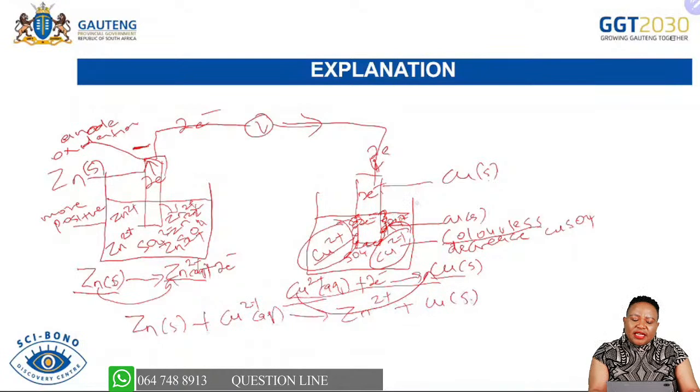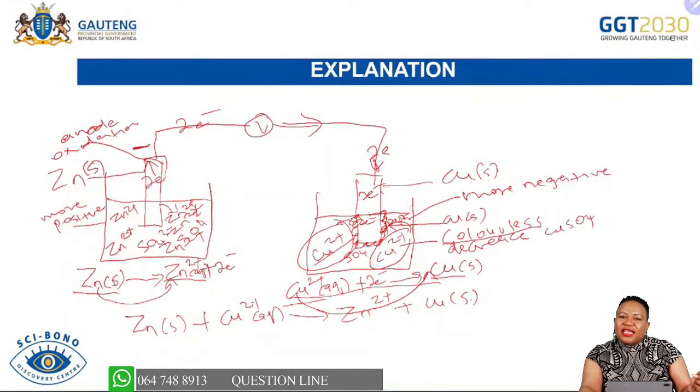Now, as copper 2+ ions go away from the solution, they make the side of copper more negative, as there will only be sulfate ions in excess in that electrolyte.